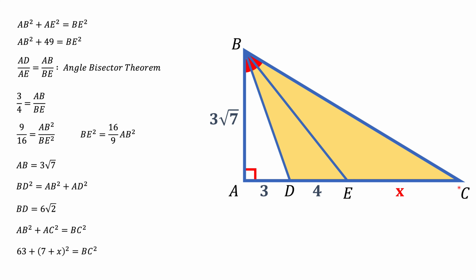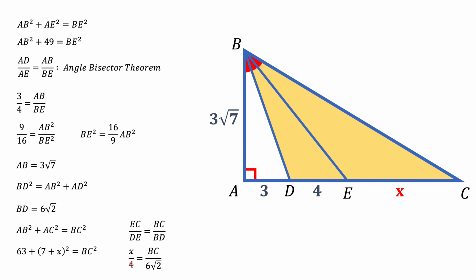In this triangle, BE is an angle bisector, therefore we can apply the angle bisector theorem here. That says that EC divided by ED equals BC divided by BD. And that gives us another relationship between x and BC.